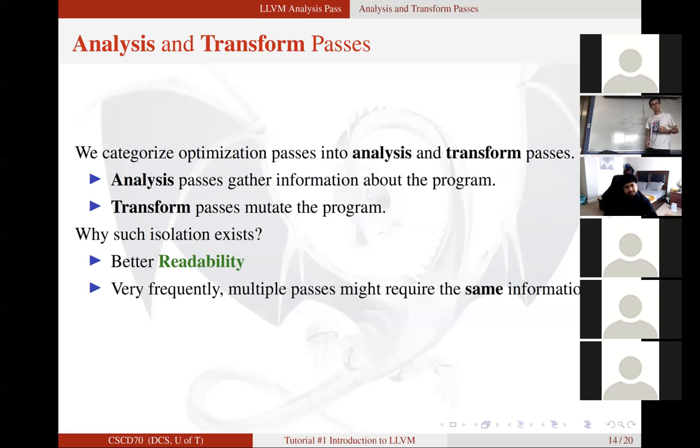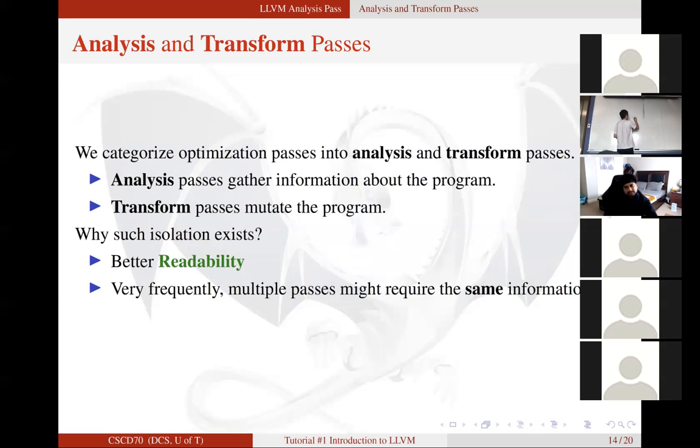The second reason is that very frequently multiple passes require the same piece of information. For instance, we can have multiple transform passes that try to optimize functions or loops, and you will see that very frequently they require the same analyze pass.